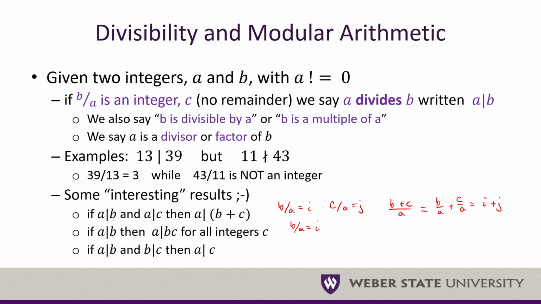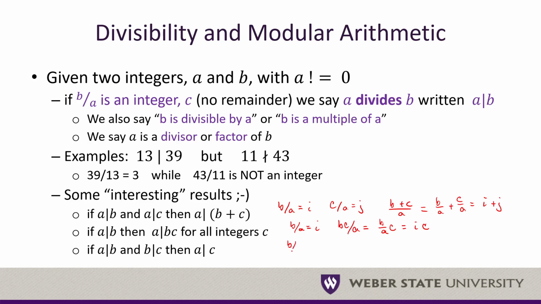Then B times C divided by A will equal B over A times C, which will equal I times C. So another integer.